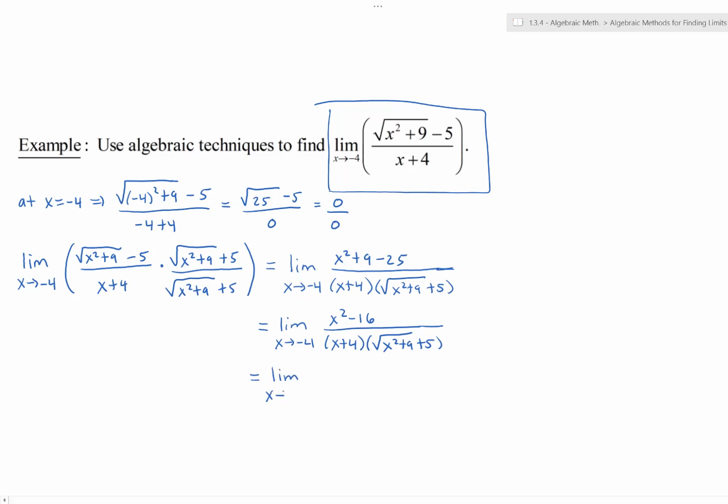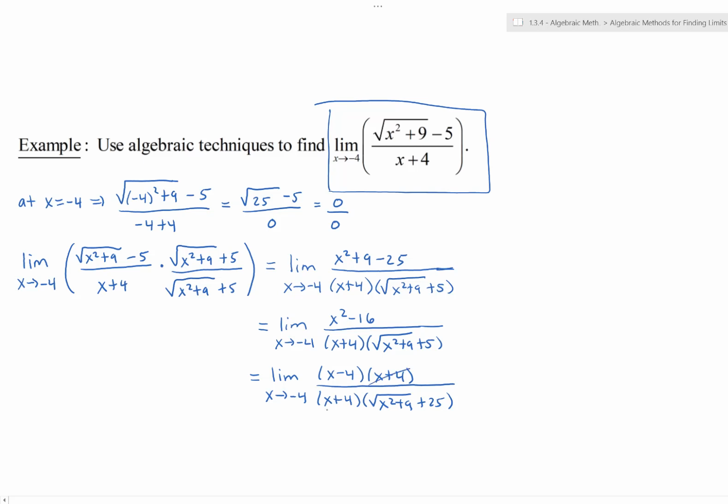Limit as x goes to -4. All right, x squared minus 16 factors to x minus 4 times x plus 4. And in the denominator, still we got x plus 4 times the quantity square root of x squared plus 9 plus 5. And so, again, we see a common factor occurring.